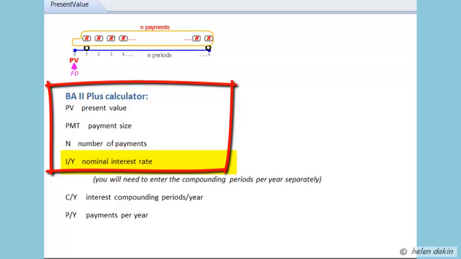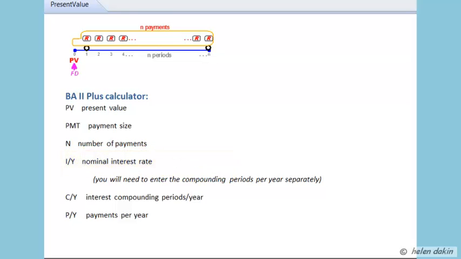To enter the compounding periods per year and the payment periods per year, you'll have to enter second function I/Y. C/Y is for the interest compounding periods per year, and P/Y is for the payment periods per year in our ordinary simple annuity.